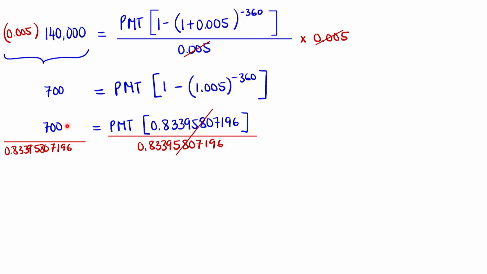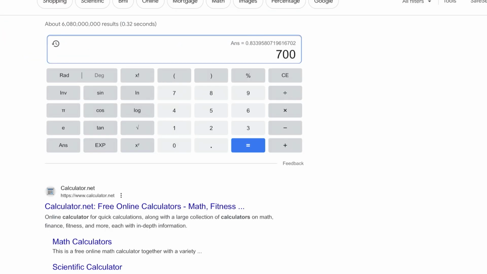I'll take 700 divided by 0.83395807196 equals.